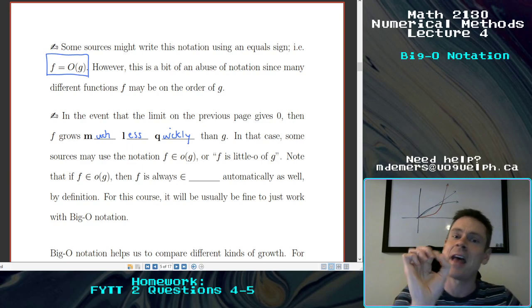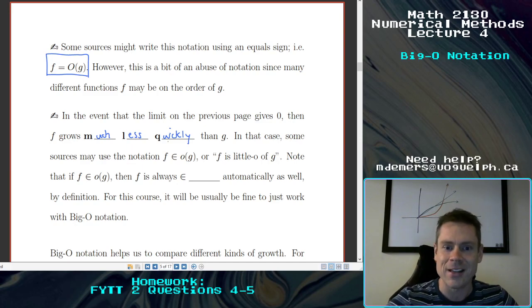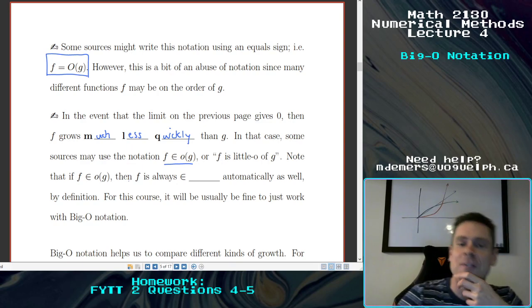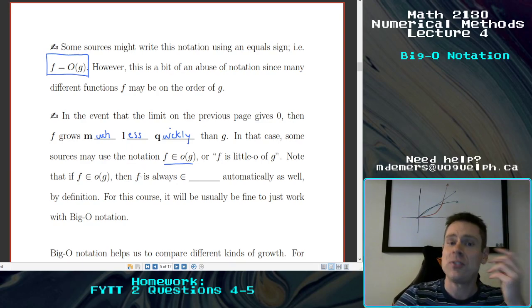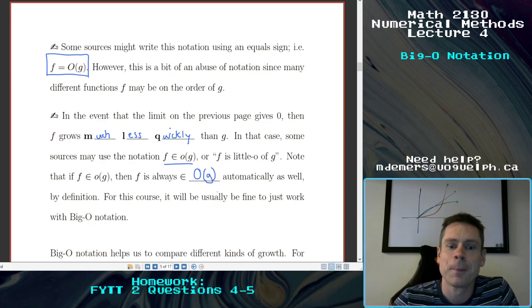But in the case that that limit gives 0, then some sources might use what we call little o notation. f is little o of g. Now, if the limit gives 0, it's still a finite constant, and it still satisfies the definition from before. And so you still have the case that f is big O of g automatically in this sort of situation.